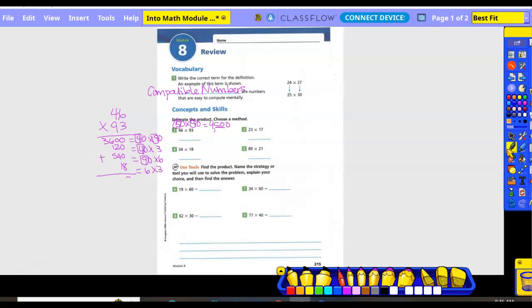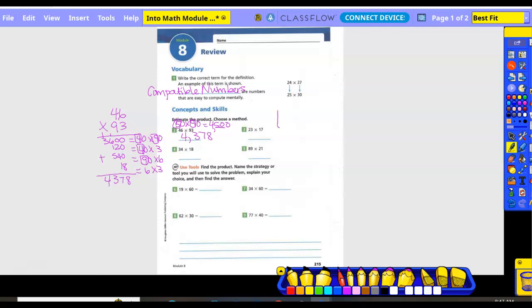Add, so 8, 2 plus 4 plus 1 is 7. Say the 1. 1 plus 6 is 7, plus 1 is 8, plus 5 is 13. Carry the 1. 1 plus 3 is 4. So my actual answer is 4,378.